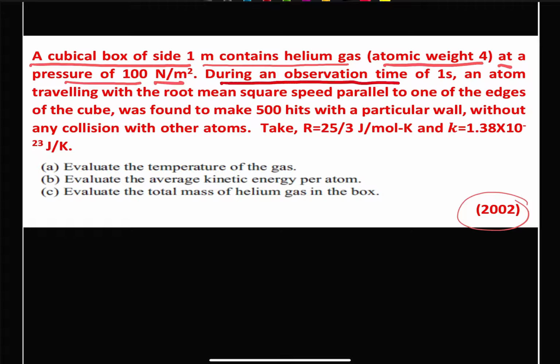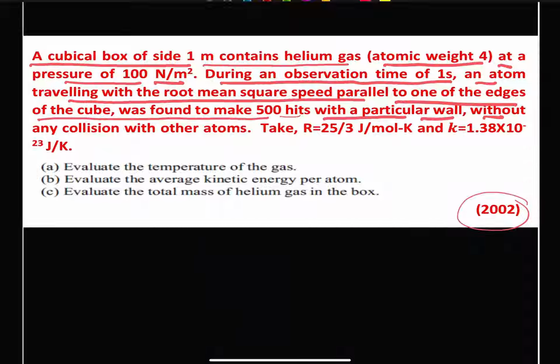During an observation time of 1 second, an atom traveling with a root mean square speed parallel to one of the edges of the cube was found to make 500 hits with a particular wall without any collision with other atoms. Take R as 25 by 3 and value of k is 1.38 times 10 to the power minus 23.